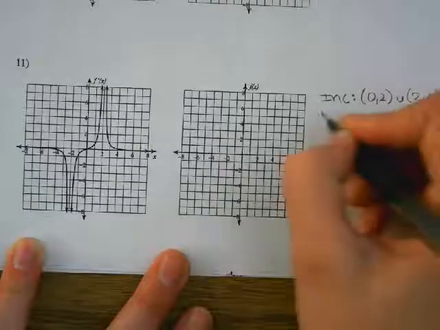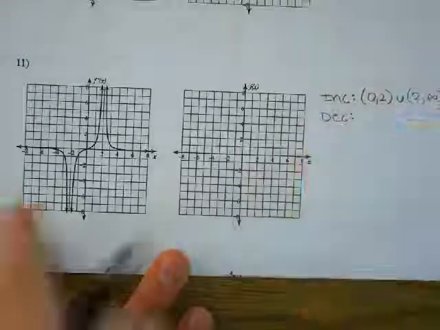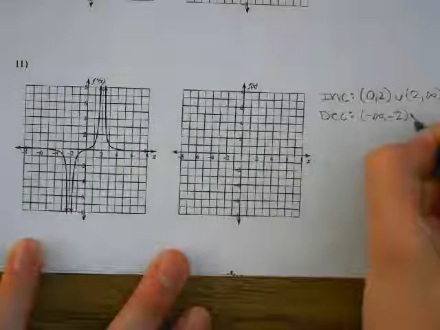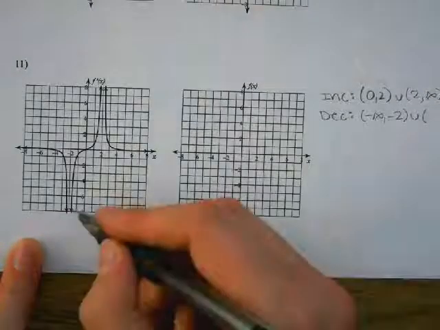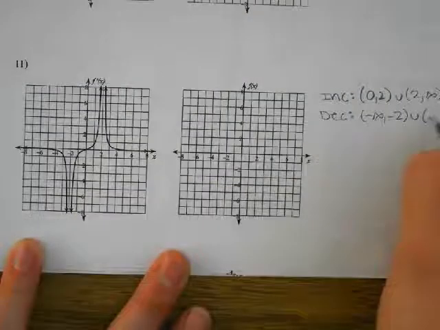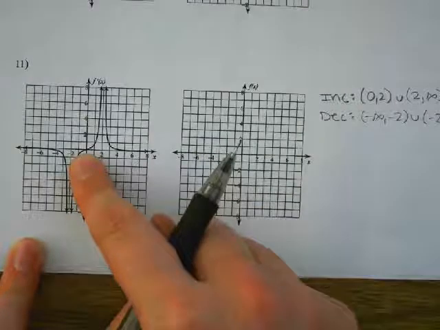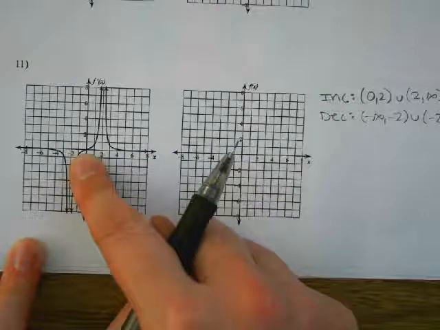It is below the x-axis, so it's decreasing from negative 2 to 0. It has an x-intercept at 0, and what is that on our graph?